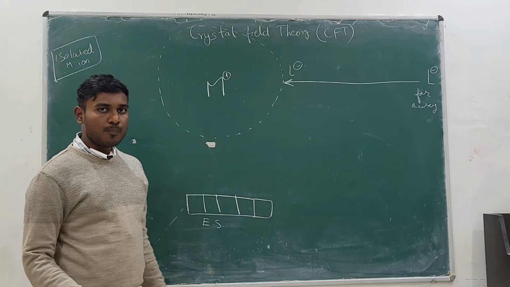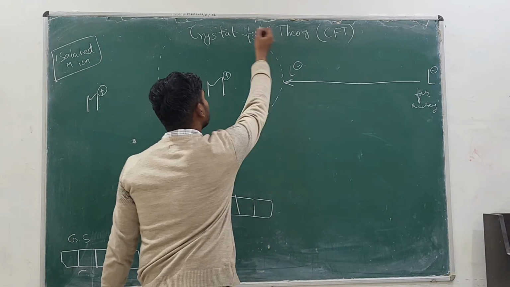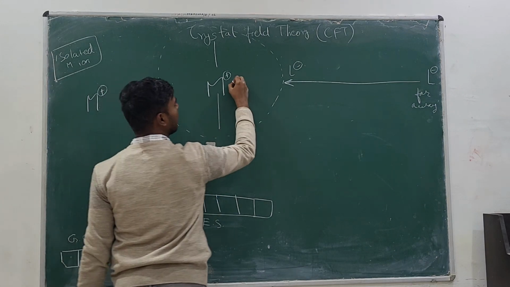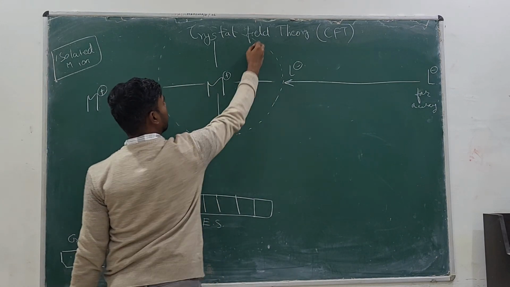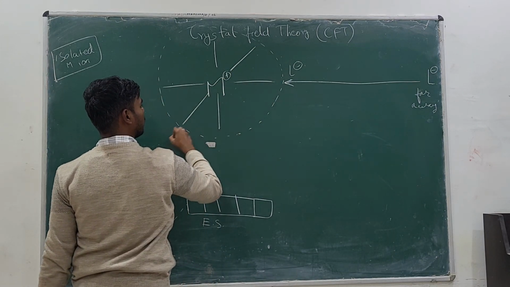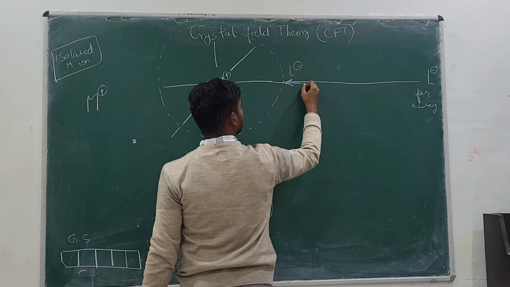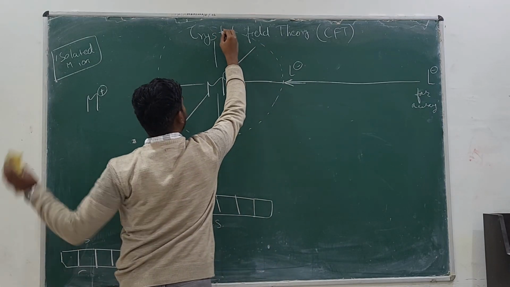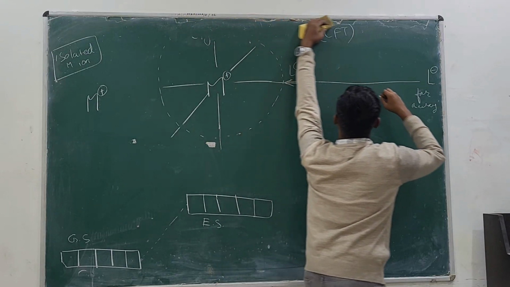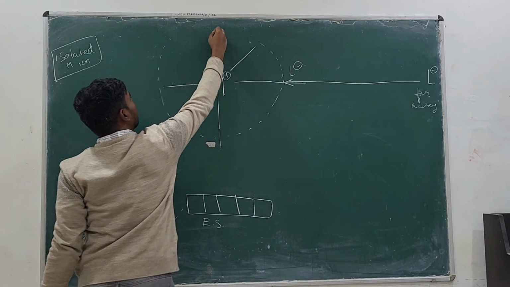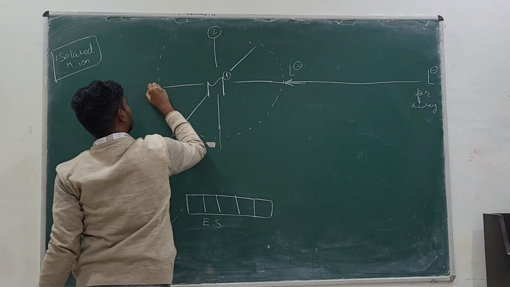So ligands are approaching axially. Now we will draw the axis along which ligands are approaching our metal ion. Each axis has one ligand.